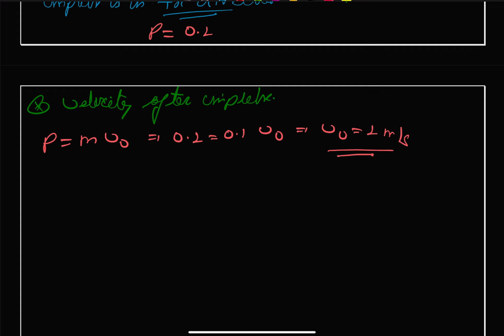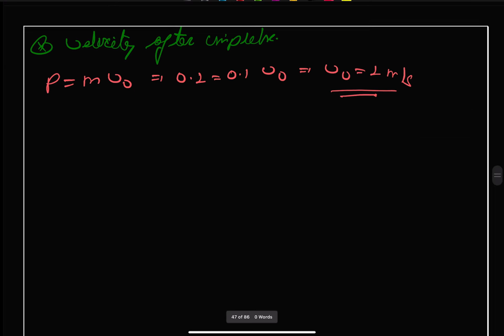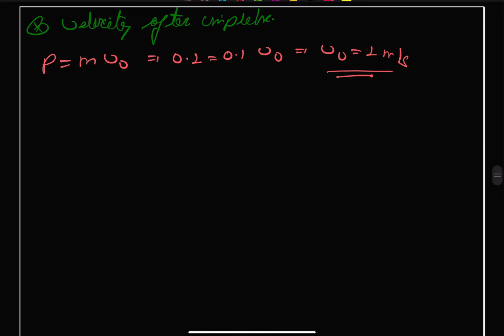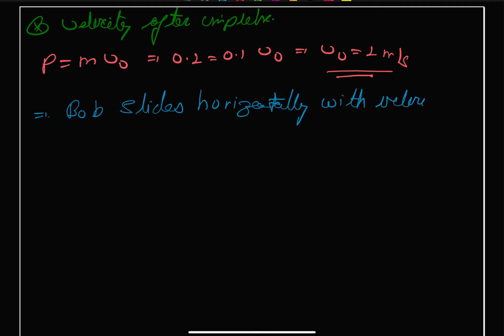So it means it is going to slide horizontally with the velocity 2 meter per second. So we can say that the bob slides horizontally with velocity, because it is in x direction.